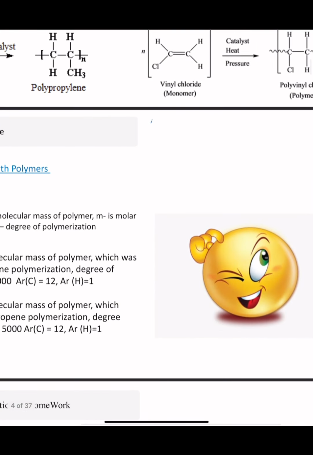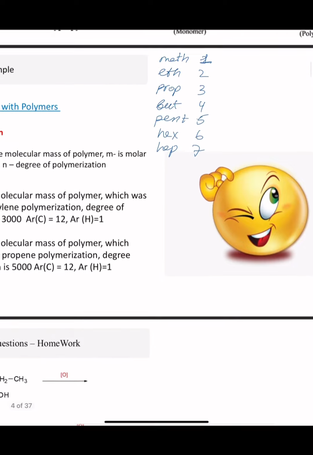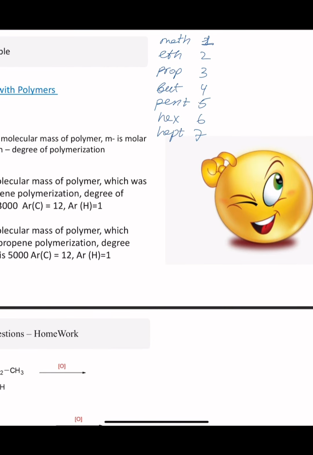We know that methane is 1, ethane is 2, propane is 3, butane is 4, pentane is 5, hexane is 6, heptane is 7, octane is 8, nonane is 9, decane is 10.